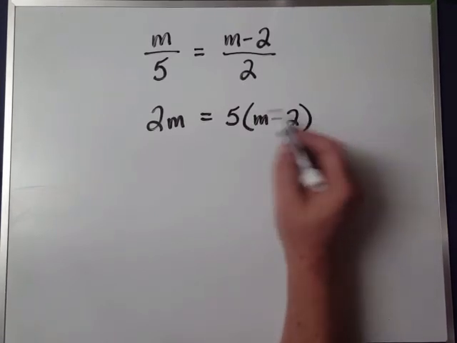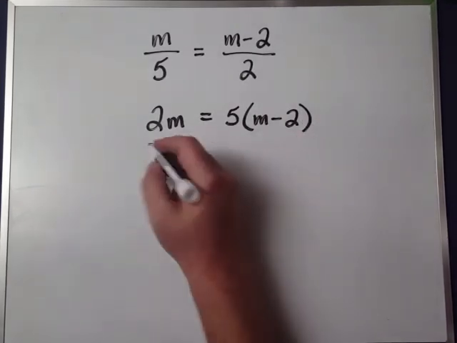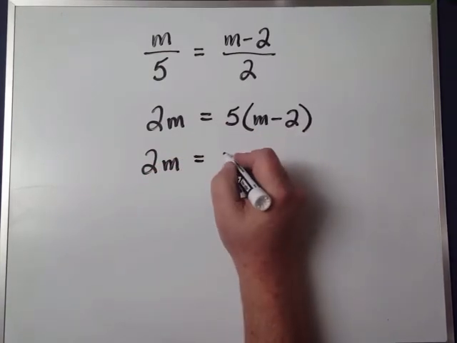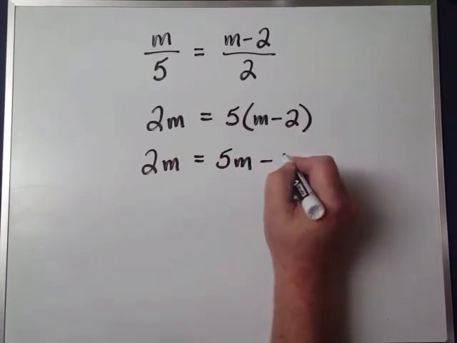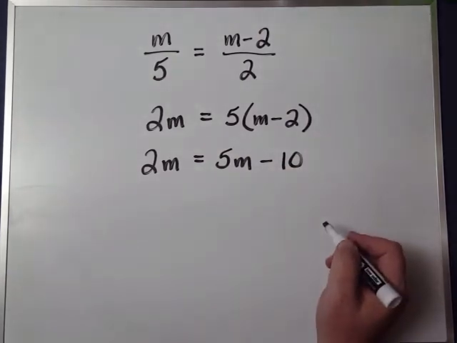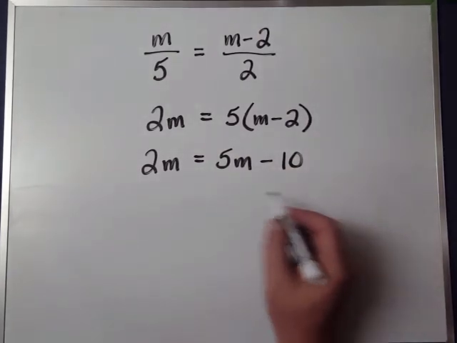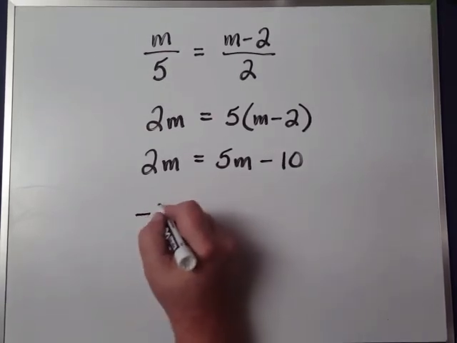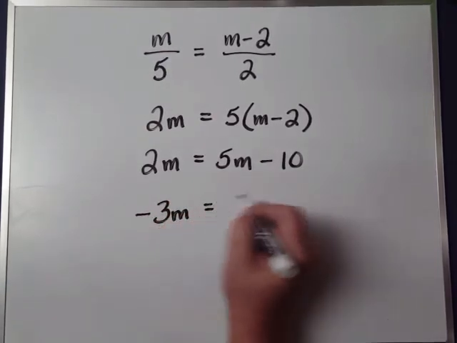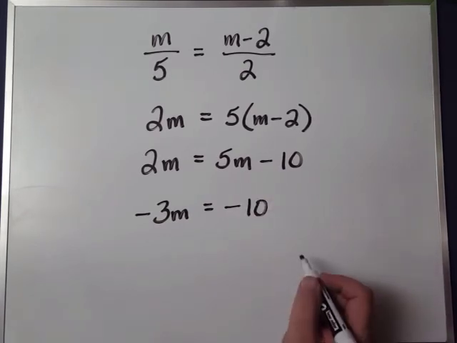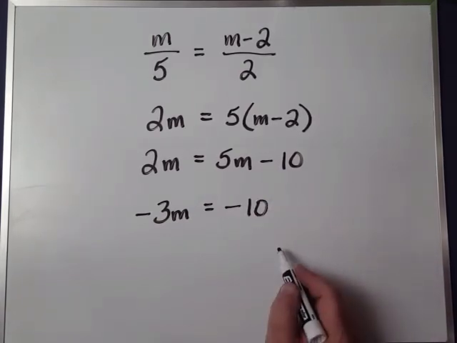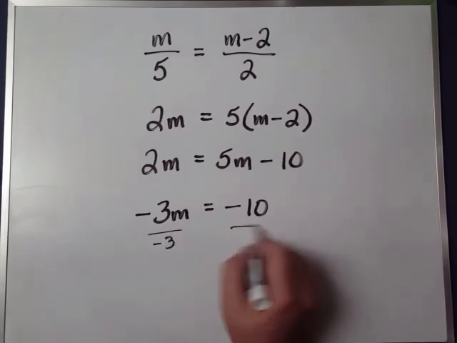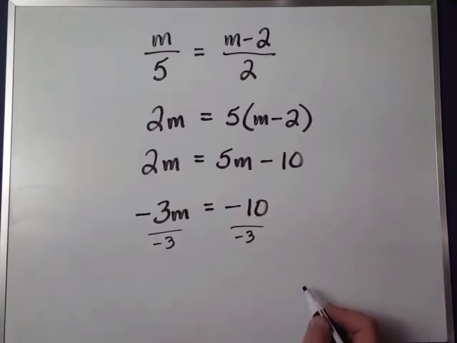Now that we see what's going on, we need to distribute that 5. We're just solving this equation now. Distribute the 5. I'm going to collect my m's on the left. Subtract 5m from both sides. And divide both sides by -3.